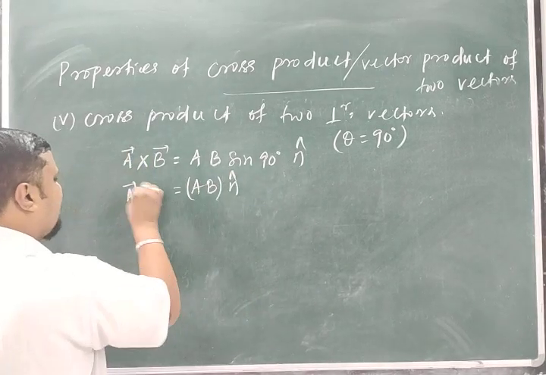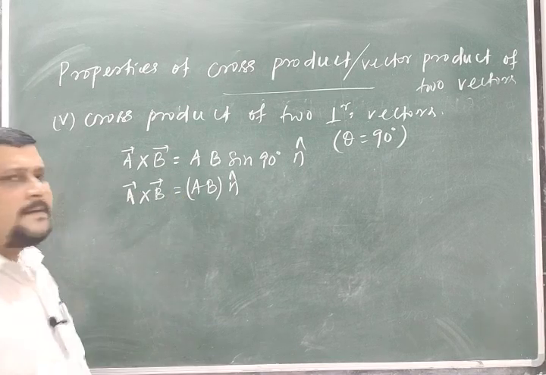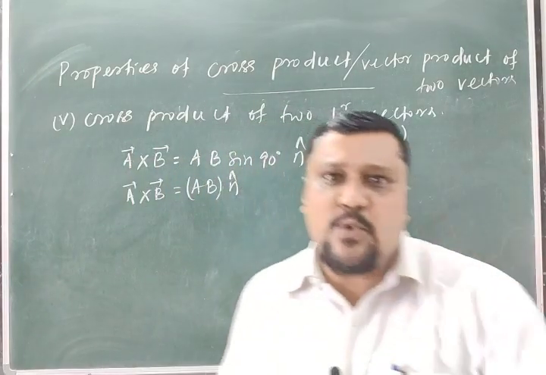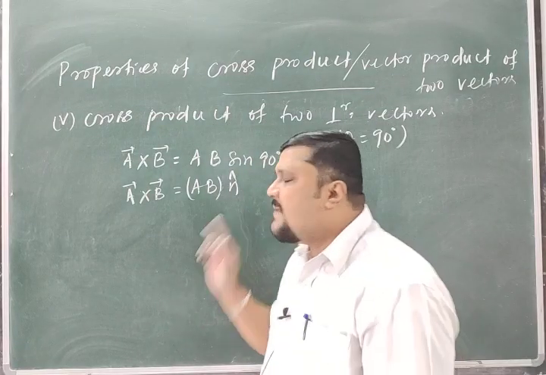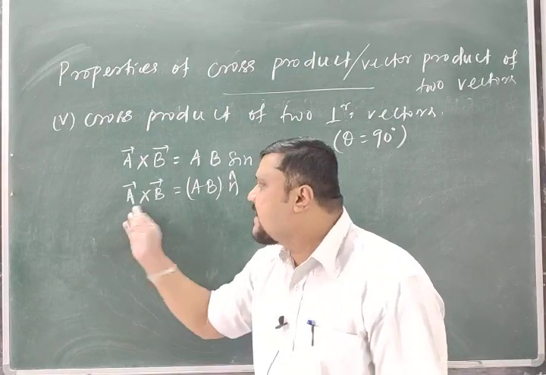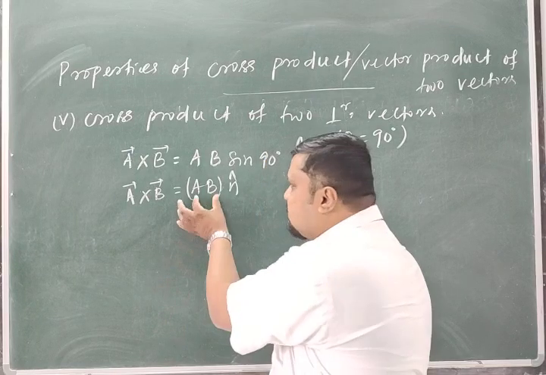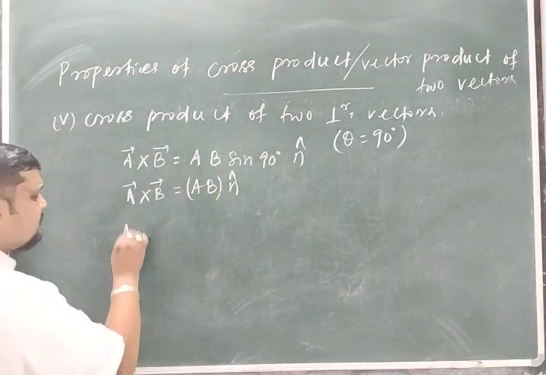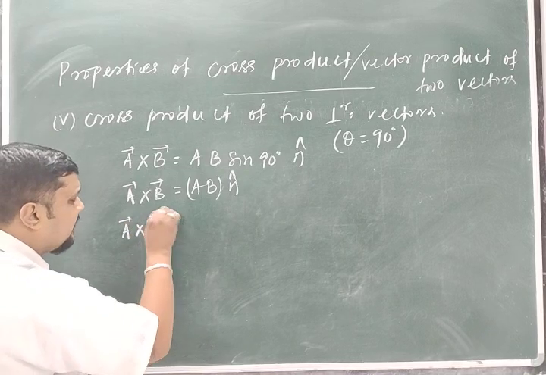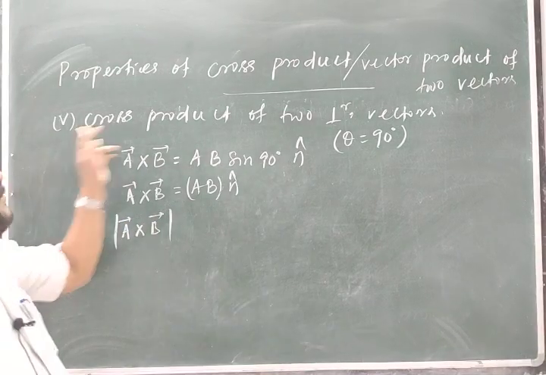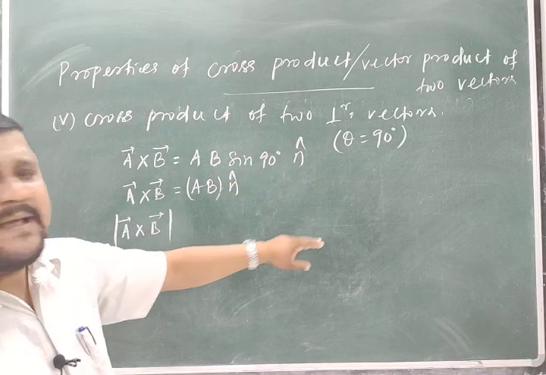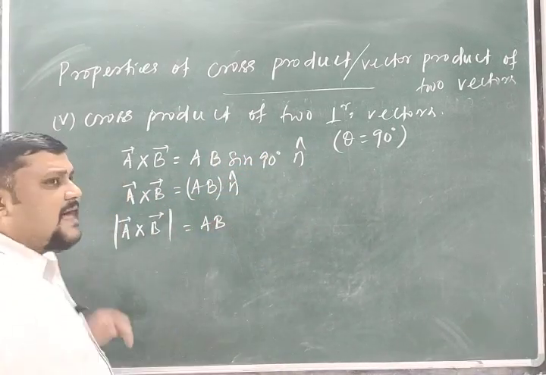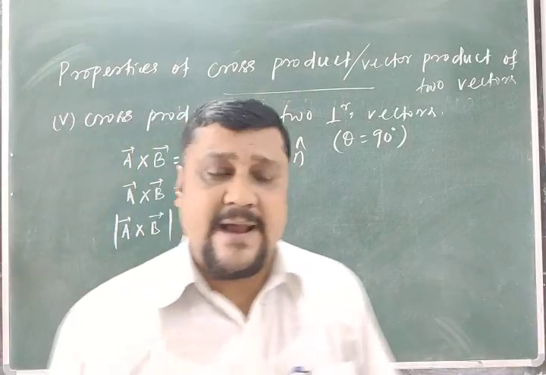That is your A cross B, meaning the product of the magnitudes of the two vectors and a unit vector perpendicular to the plane containing A and B. This is the magnitude part, this is the direction part. The magnitude of the cross product of two perpendicular vectors is simply AB, the product of the magnitudes of the two vectors.